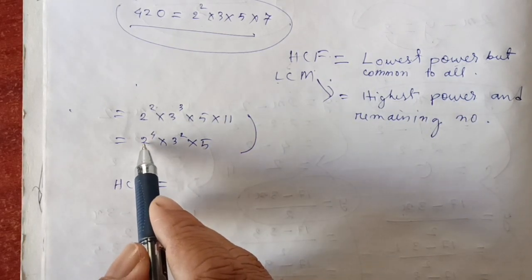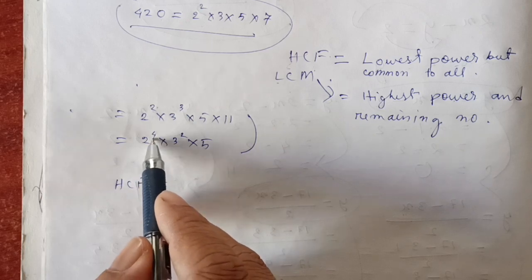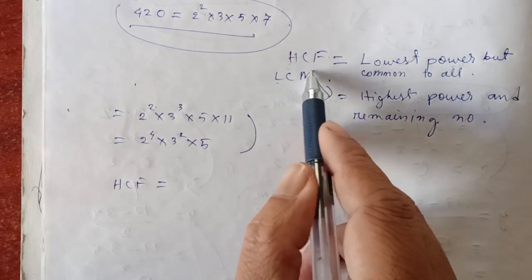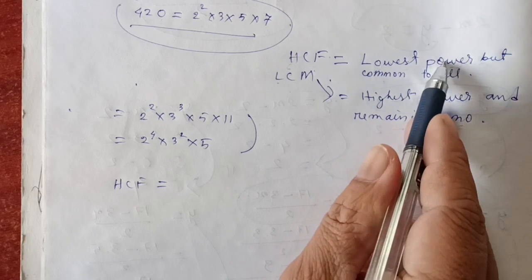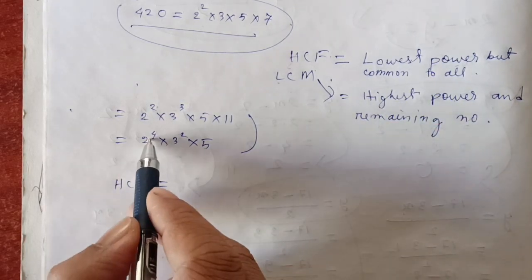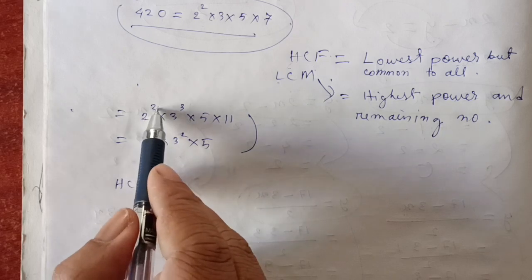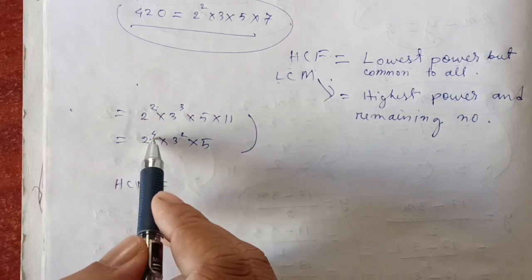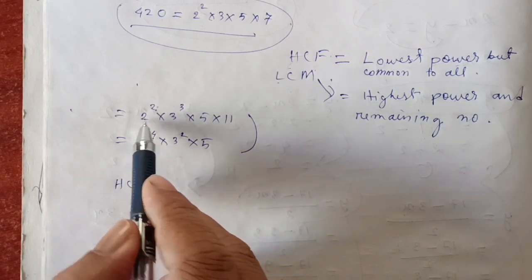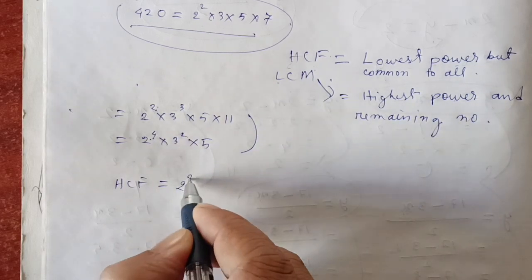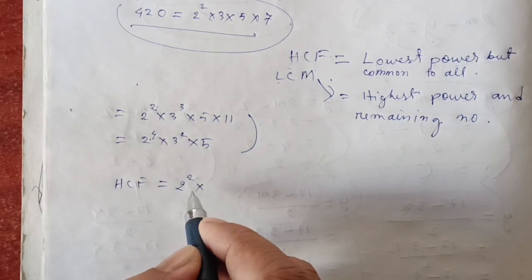Here for this 2, the power is 4. So for HCF, we should select the lowest power. That is why I will not select this one, because here we have the lowest power, 2 power 2. Here 2 power is 4. So the lowest is this one, and we are going to select this one.